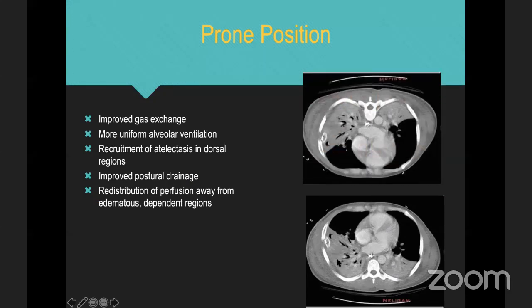But after you turn the patient, the infected area or consolidation will be up. So it will make drainage for the alveoli, the secretion from the alveoli goes down, and it will improve the alveoli and give them time to recover.